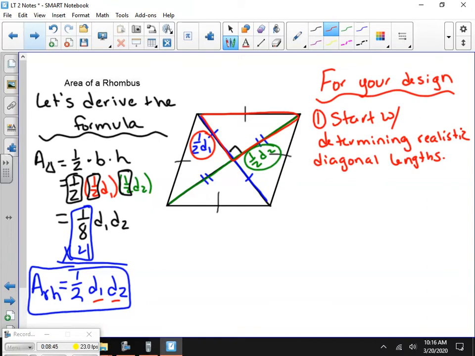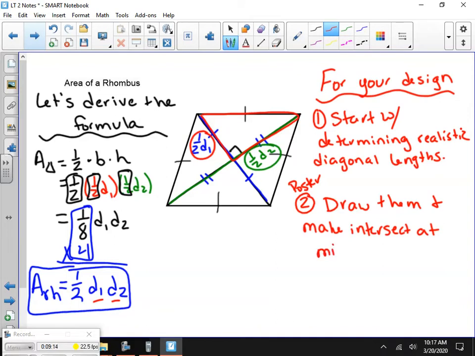So on your poster, or final project, it doesn't have to be a poster, when I draw the diagonals, you're going to make sure they intersect at the midpoint and 90-degree angle, because that's what will make it a rhombus. Okay.